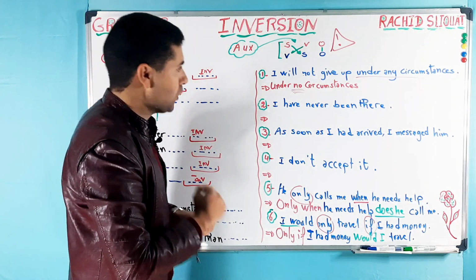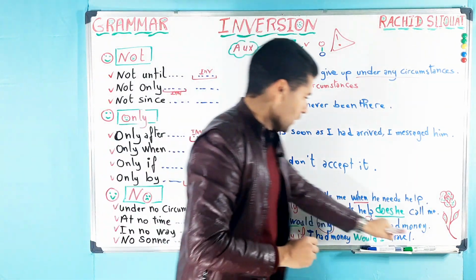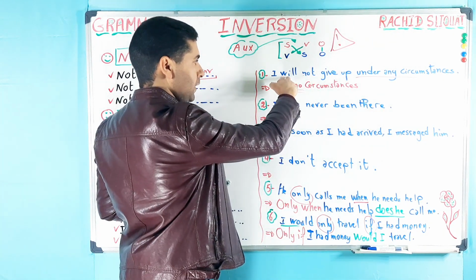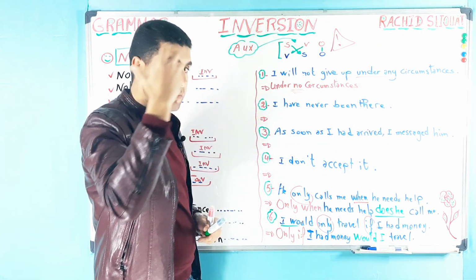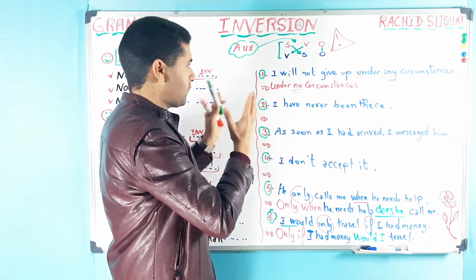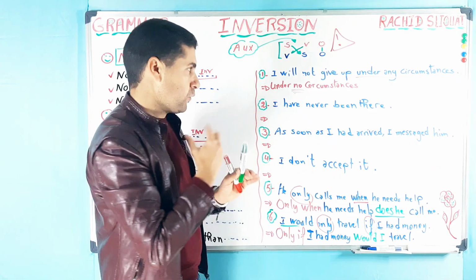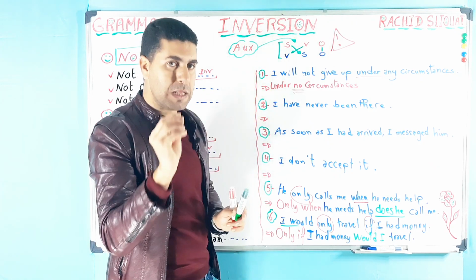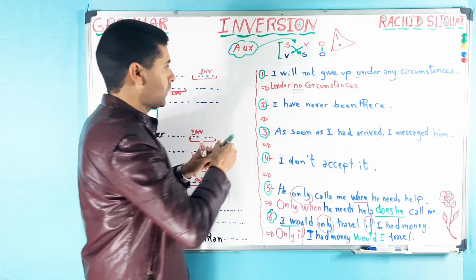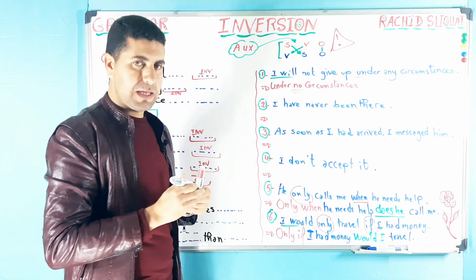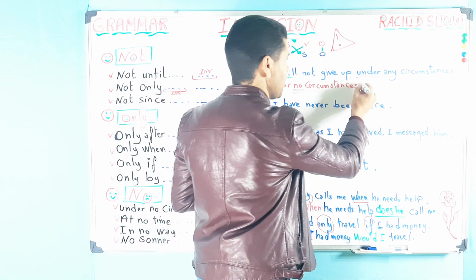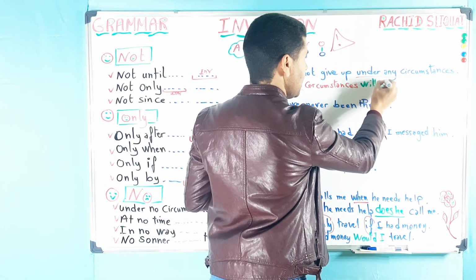So under no circumstances, here we are going to invert. We have the subject, we have will, the modal verb, and we have give up. So what are we going to invert, subject with will or subject with give up? For sure we are going to invert the subject with will, because will is an auxiliary in the sentence. So: under no circumstances will I give up.